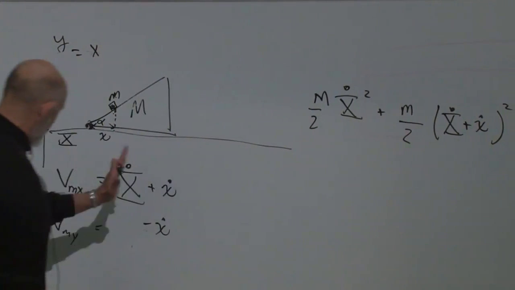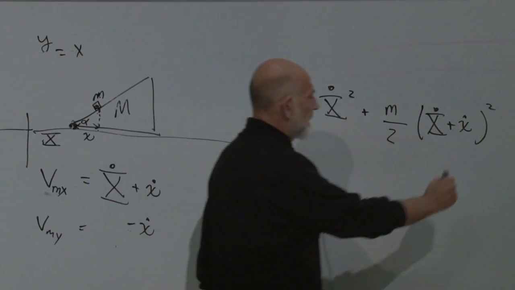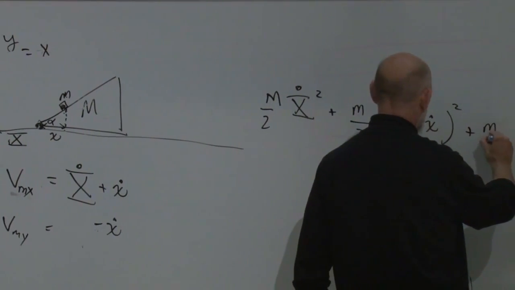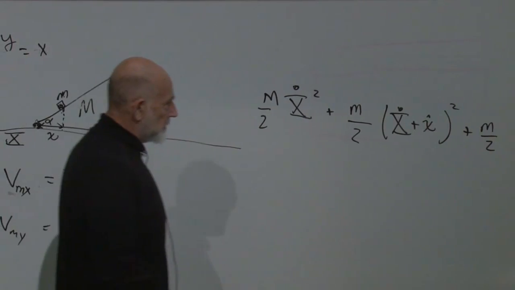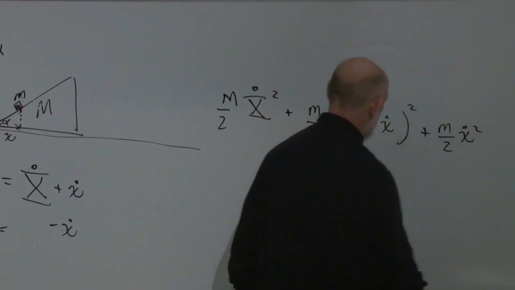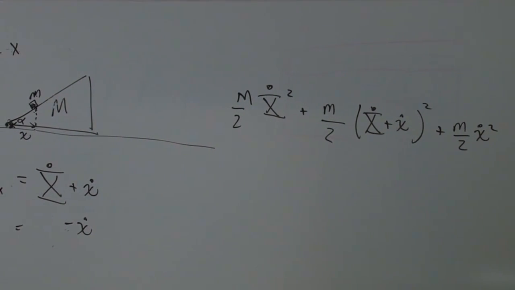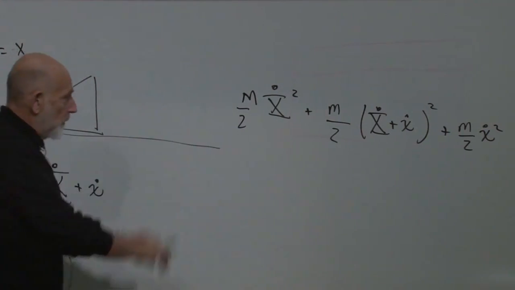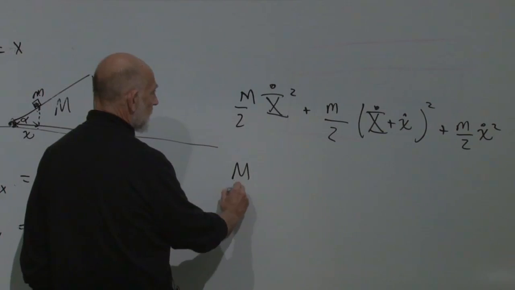That's the x component of mv squared, and then plus m over 2 y dot squared, which is just another little x dot squared. That's the kinetic energy. Now we can open it up and work it out if we like. Why not? This is m over 2.